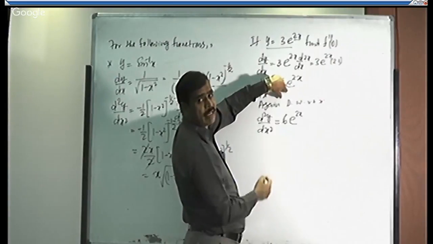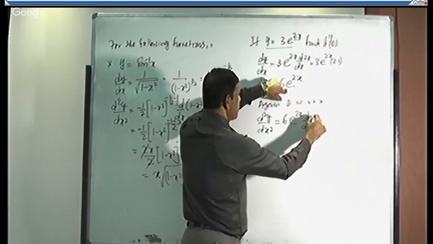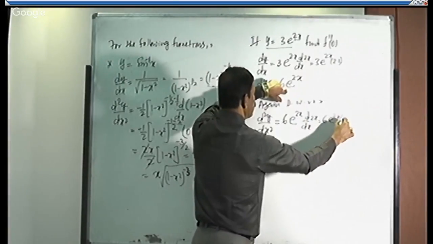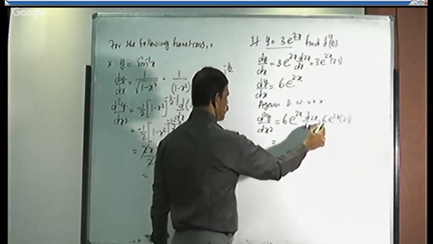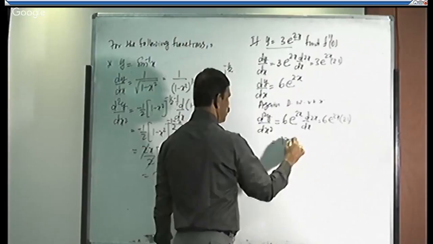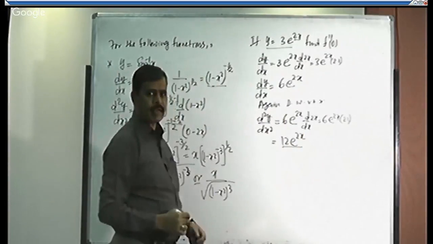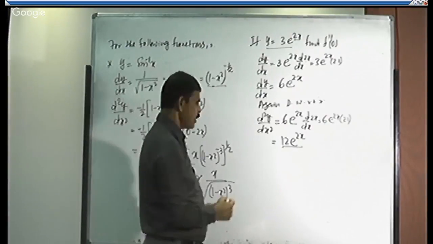For e power function, it is e power function into d by dx of function. Right? 6 into e power 2x. Differentiation of 2x is 2 into 1. Now it becomes 6 into 2, 12, e to the power of 2x. D square y by dx square is 12 into e to the power of 2x.